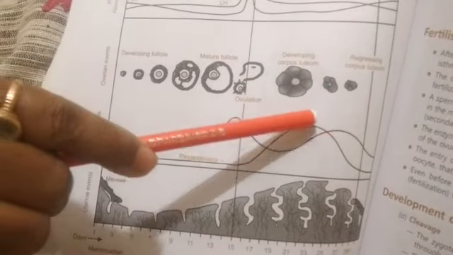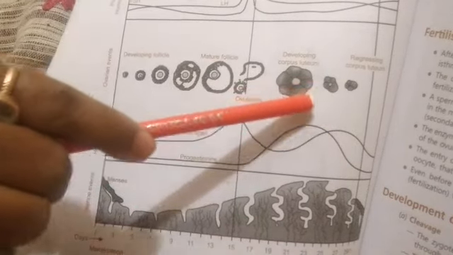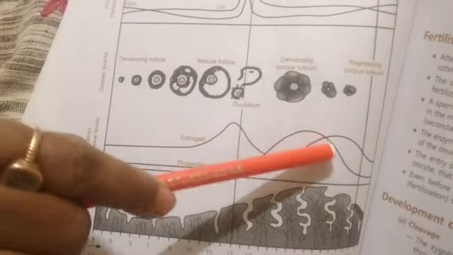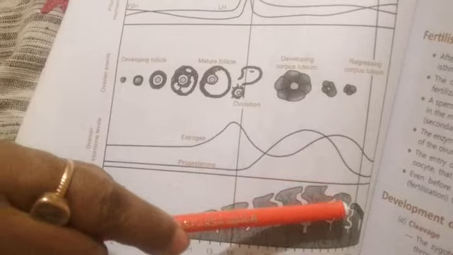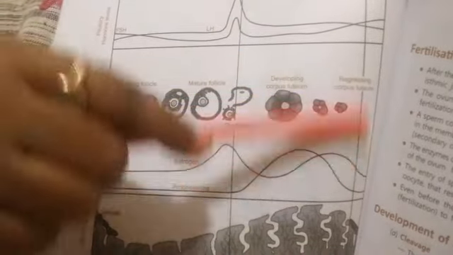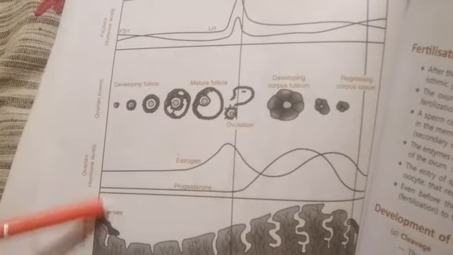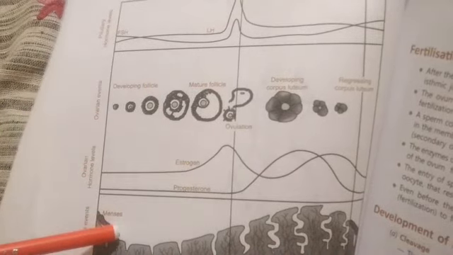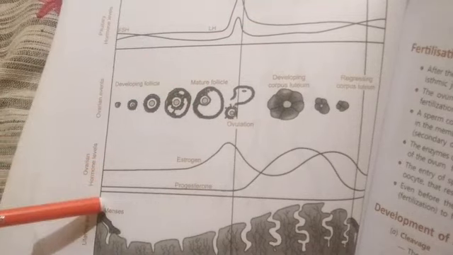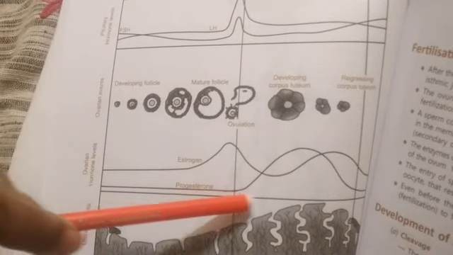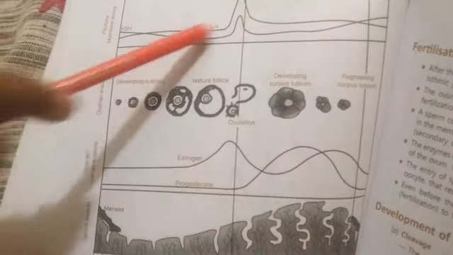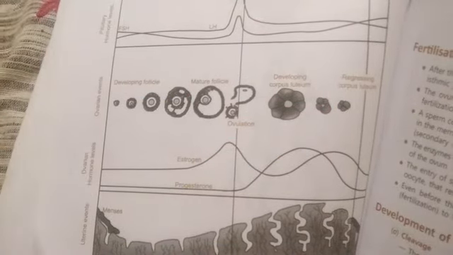As the corpus luteum degenerates, progesterone decreases, the endometrial wall is shed off, and thus it comes back to the menstrual phase. So this occurs till the 14th day and then till the 28th day. So this is the ovarian cycle or menstrual cycle.